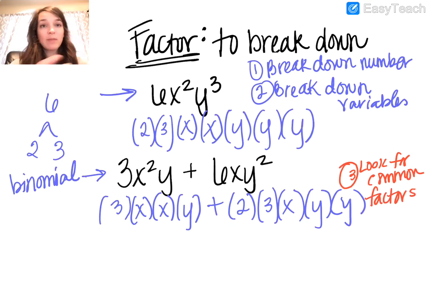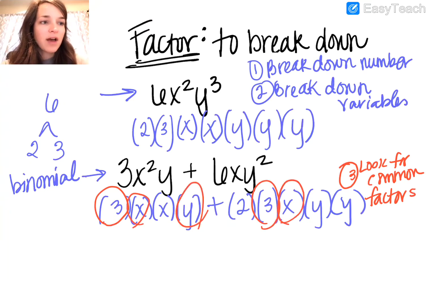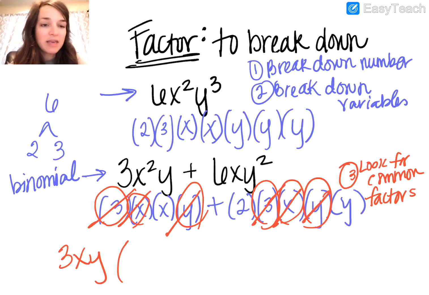And in fact, whatever we pull out, whatever we ultimately find, that's actually called the greatest common factor. So we see that both of these have a 3, they both have 1 x, and they both have 1 y. Okay, so that means that I am removing from both of these a 3xy, okay? So when I remove the 3xy from here and the 3xy from here, now I just have to list what's left.